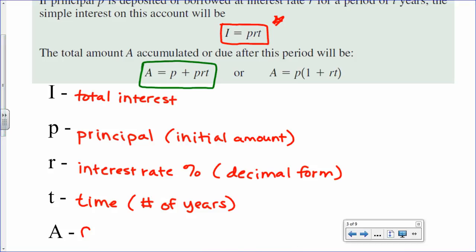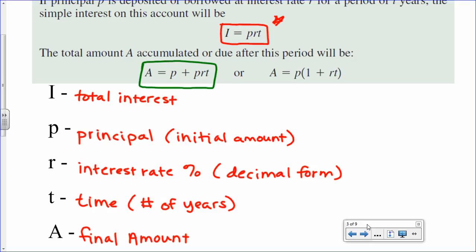And then A, this is your final amount. The simple interest formula you have to memorize does not have A in it. If you want A, you take this value and add it to your original amount, which is why this is here.